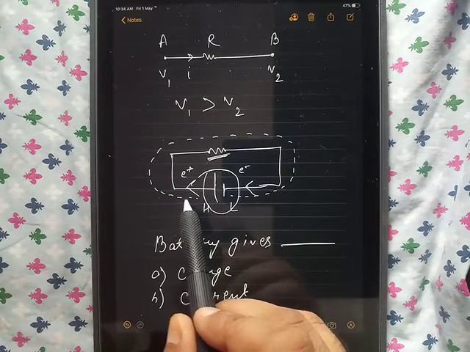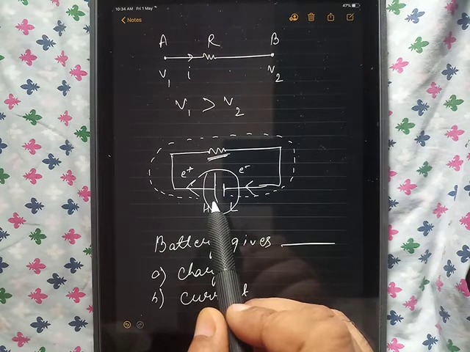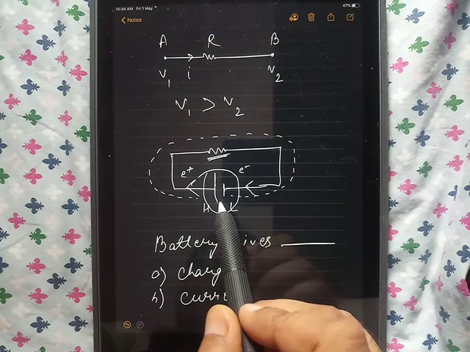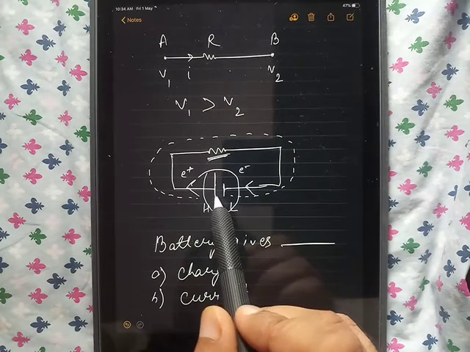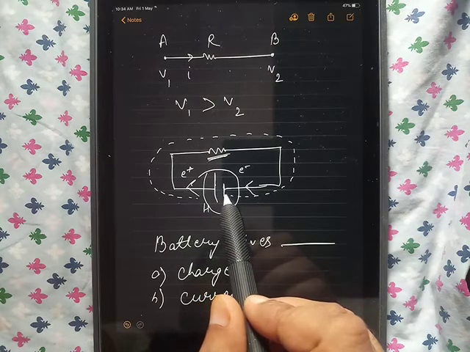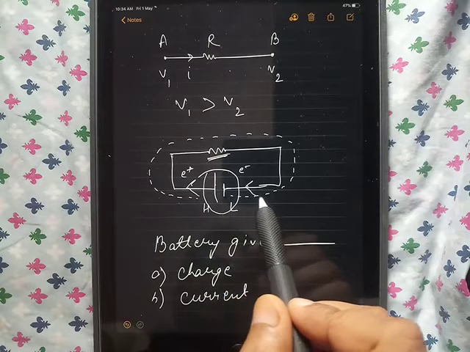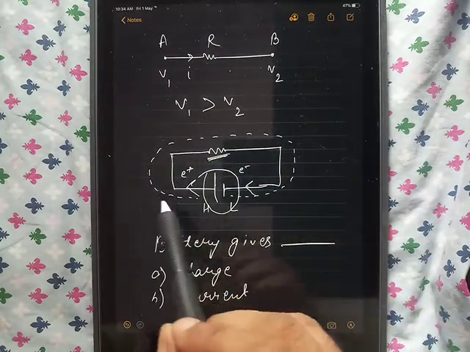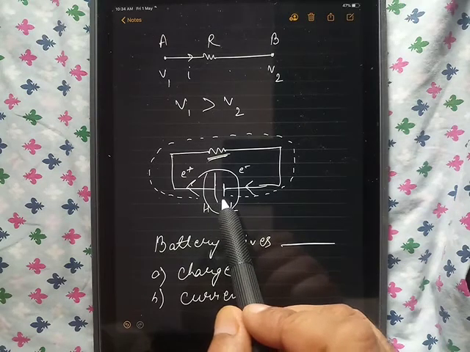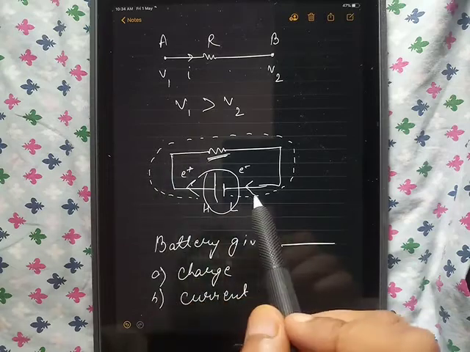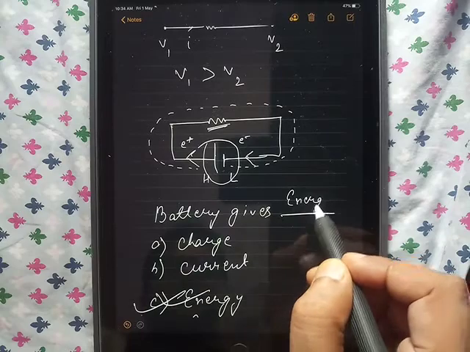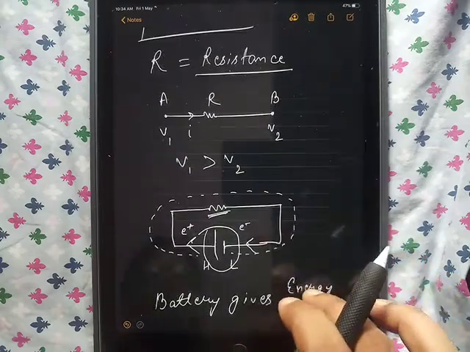And when it arrives at the positive electrode, it has no energy. Then the battery gives energy to that electron. The battery takes that electron from the positive electrode to the negative electrode. By giving that energy, the electron will again travel from negative to positive. Again the energy is lost, again the battery supplies the energy, and this process continues. So basically the battery gives energy.